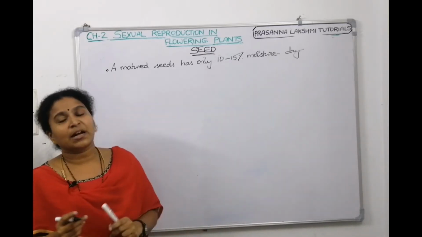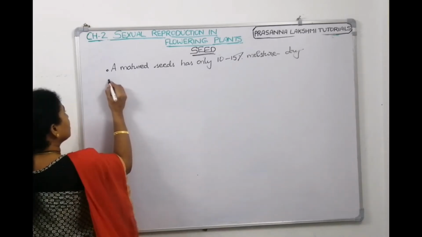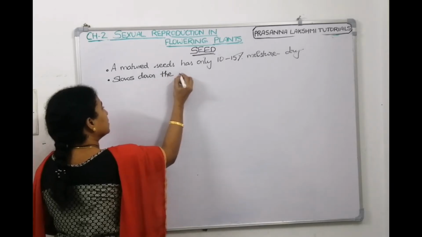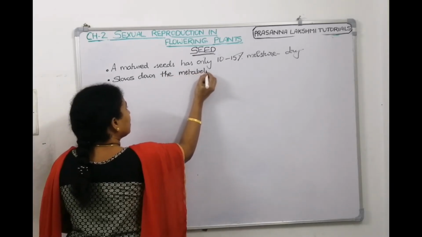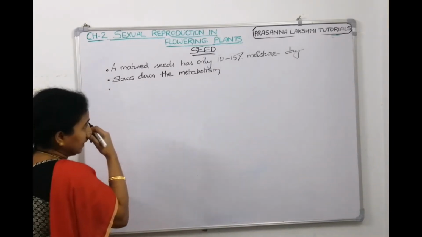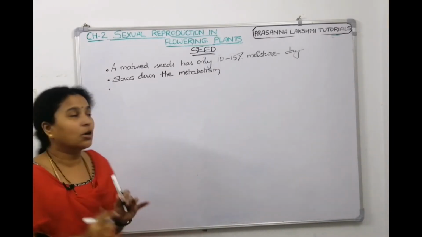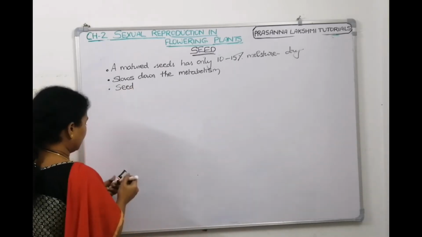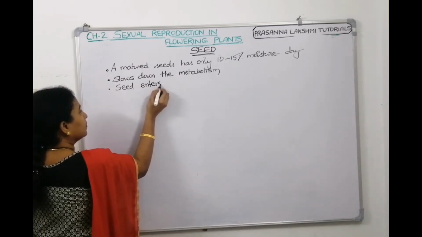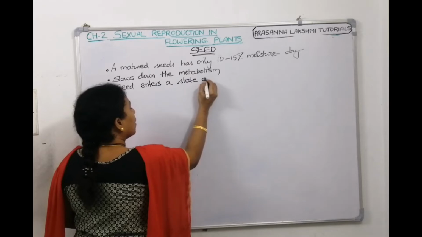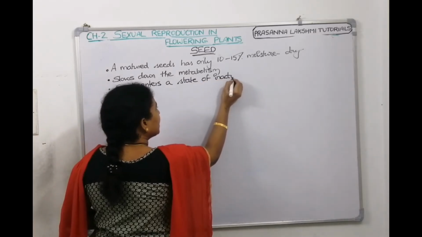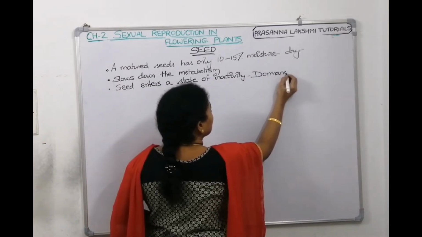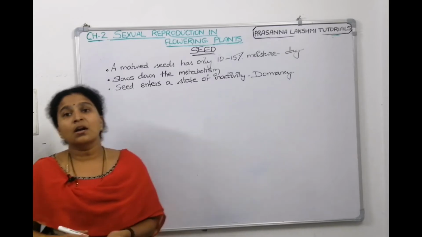So this low moisture content slows down the metabolism, and the seed will enter a state of inactivity. What is that state of inactivity called? Dormancy. It is going to a state of inactivity called dormancy.